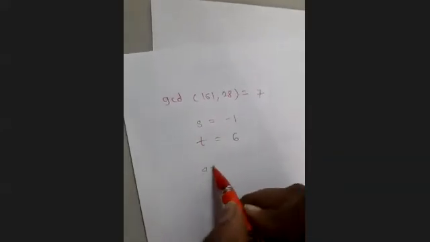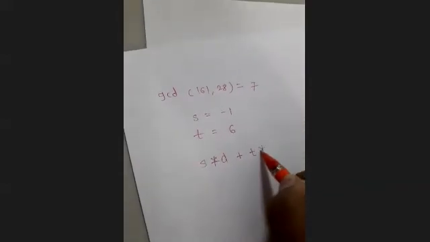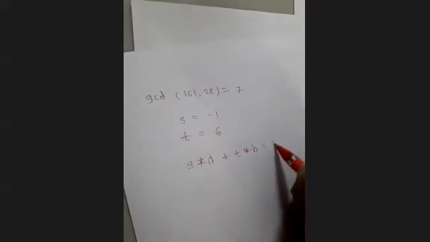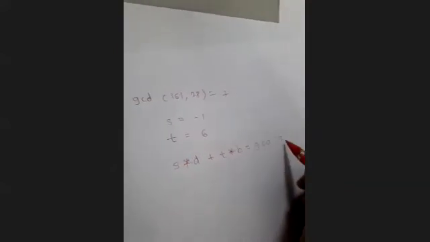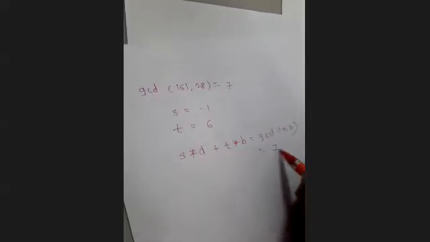You can verify that by simply putting it into this formula: S into A plus T into B. Let's verify and see whether it comes out right. S into A plus T into B should equal the GCD of A, B. The GCD of A, B that we got is 7.